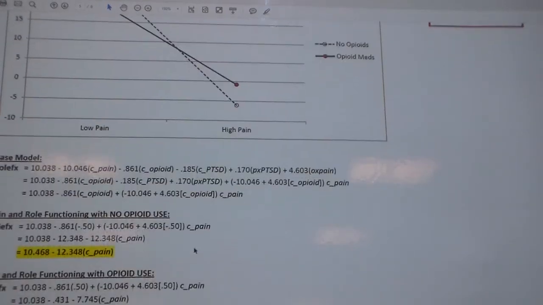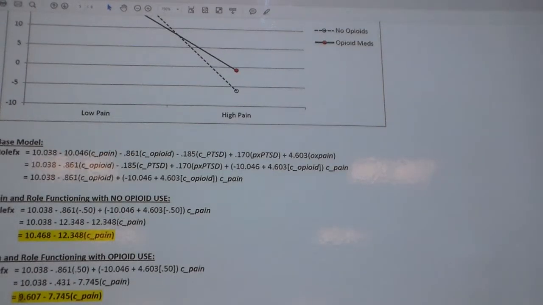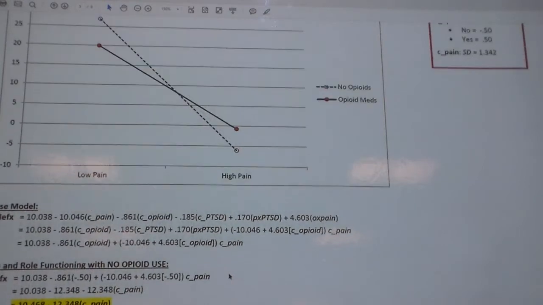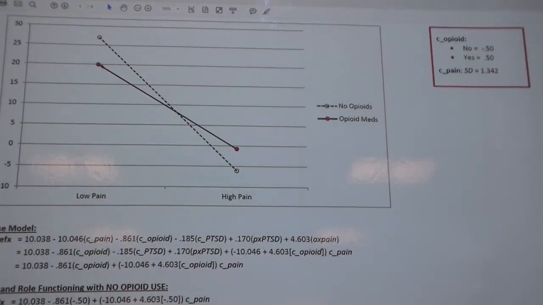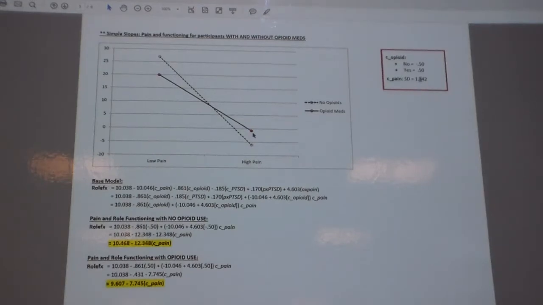Or if I use my people who are using opiates, if I plug values into this equation here, low levels of pain, this is my expected functioning, high levels of pain, expected functioning, again, I'm just plugging in standard deviation above and below, plus or minus. So again, what I end up with is my simple slopes graph, showing the relation between pain and functioning for individuals who aren't using opiates.